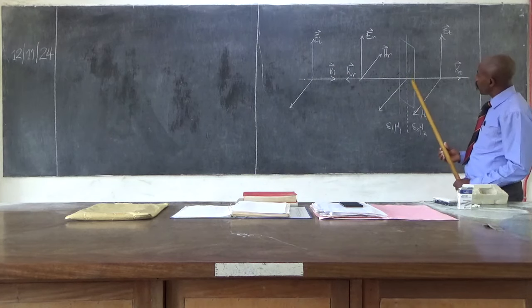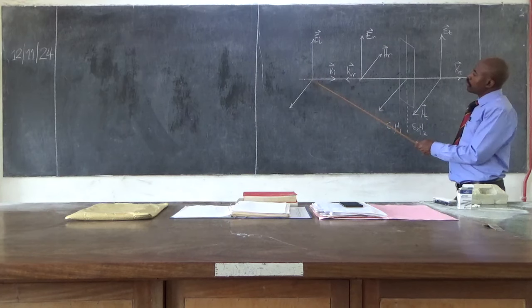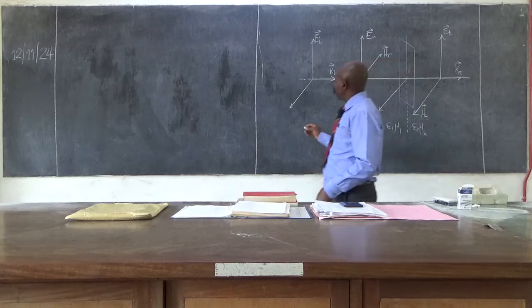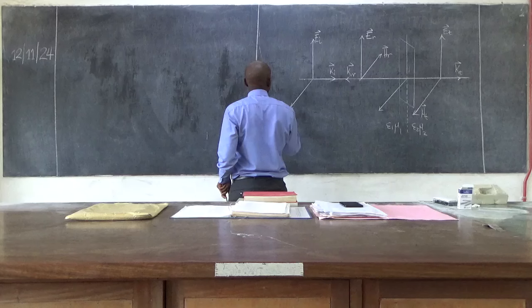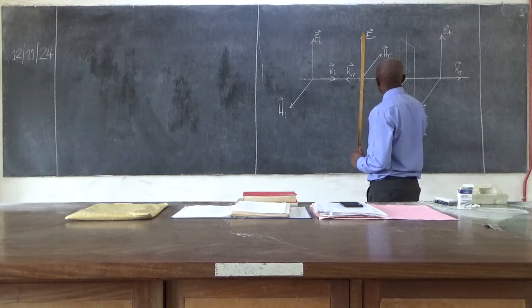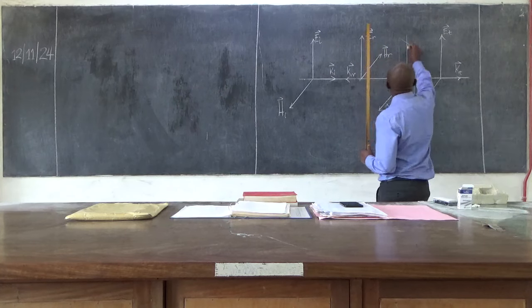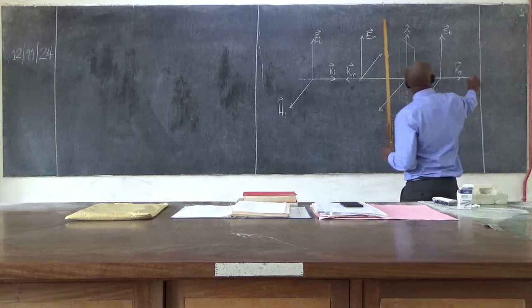I've just drawn this again to show you that as you are having these incident vectors in the form of our incident wave, reflected wave, and this being our y, then our x, and then z.